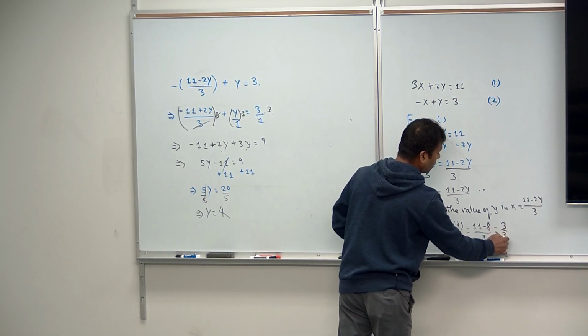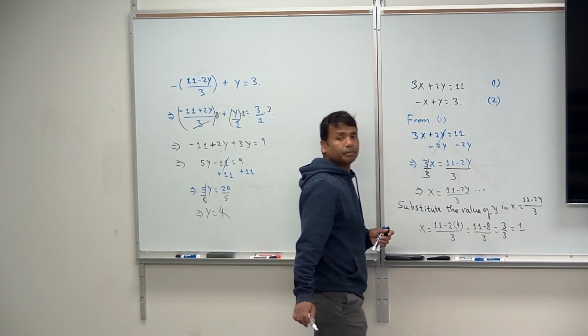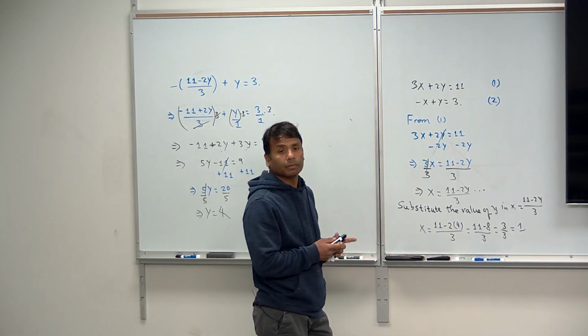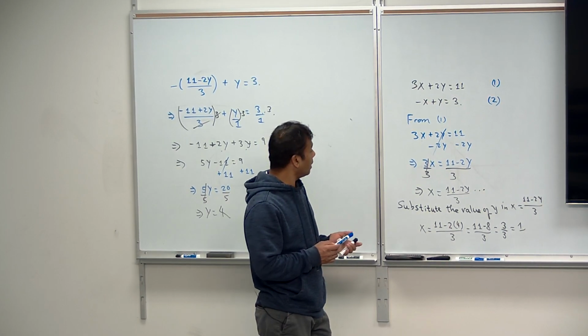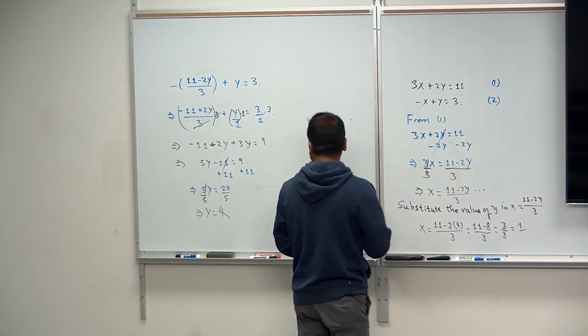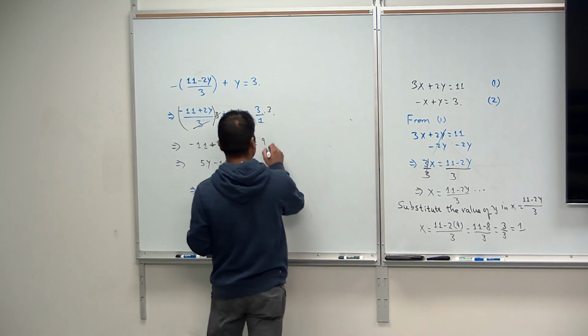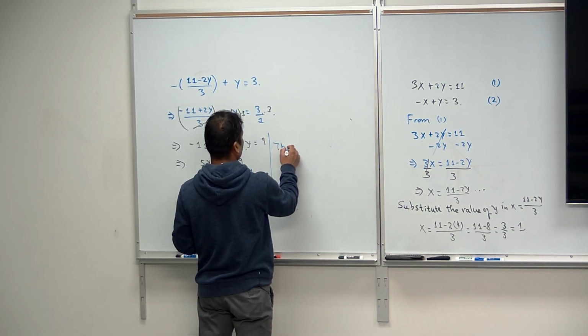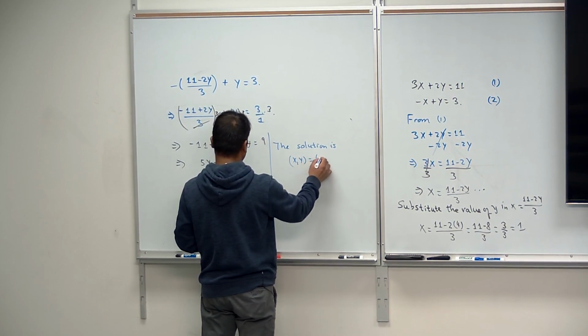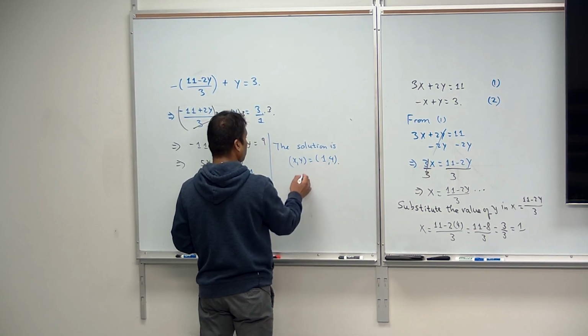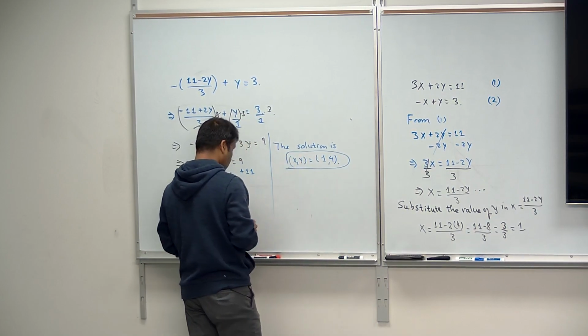So this is 3 over 3, equal to what? 1. That makes sense? Yeah. So now the solution is x comma y equals 1 comma 4.